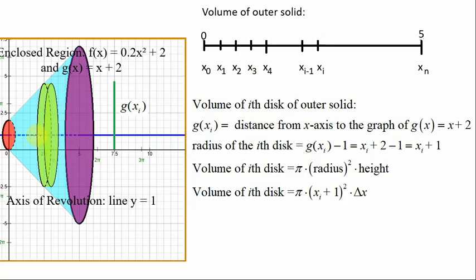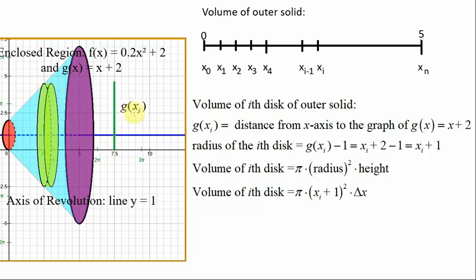And so right here, this would be x sub i minus 1, and this would be x sub i. And so x sub i is about right here. And so g of x sub i would be the distance from the x-axis up to the graph. And so g of x sub i would be from here, from the x-axis up to right here.